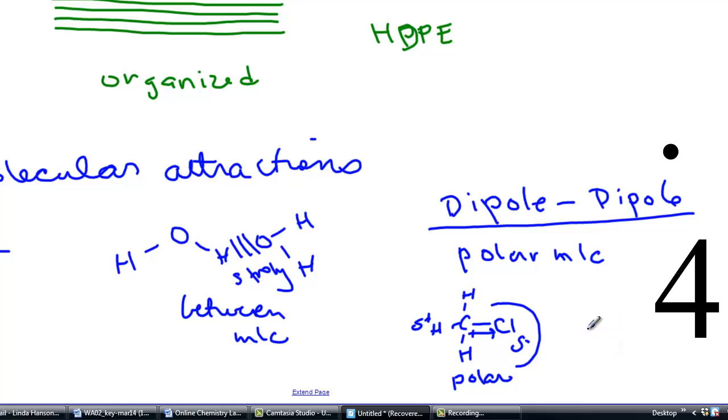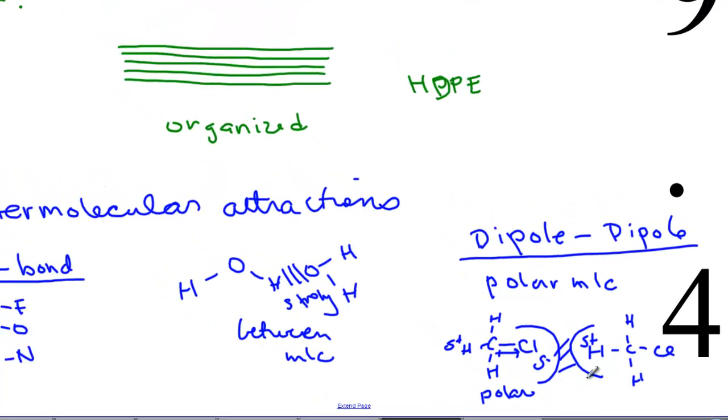Well, opposites attract, don't they? This molecule would be attracted to another molecule of its type based on the opposite charge. So if this region was slightly positive, you're going to see this intermolecular attraction between dipoles, between opposite charges of polar molecules.